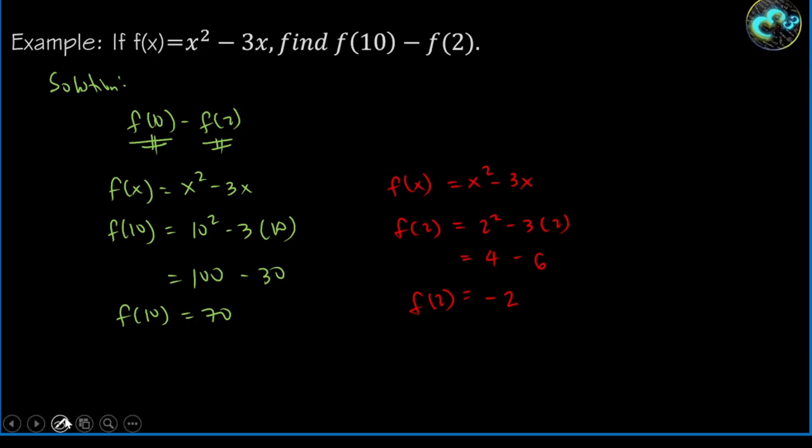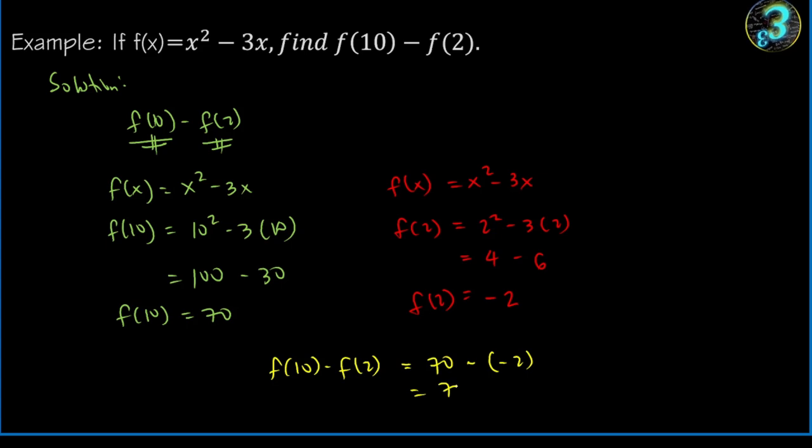We're now going to get f of 10 minus f of 2. This is equal to our f of 10, which is 70, minus f of 2, which is negative 2. So we have 70, minus negative, so plus 2. Our f of 10 minus f of 2 is equal to 72. This is now our answer.